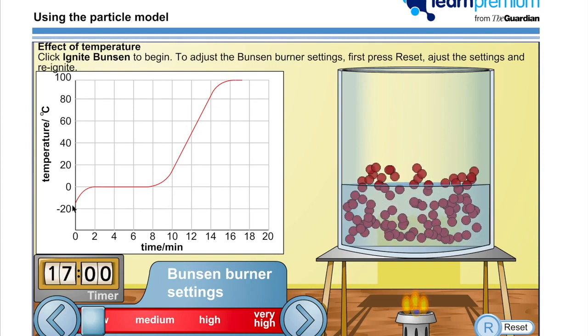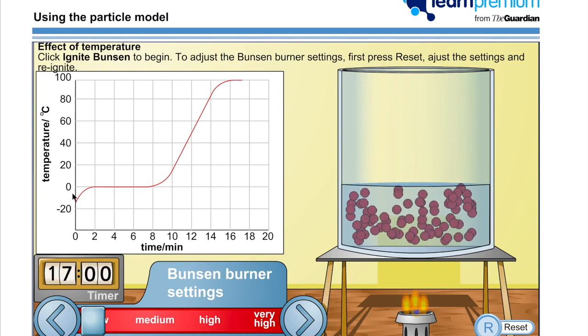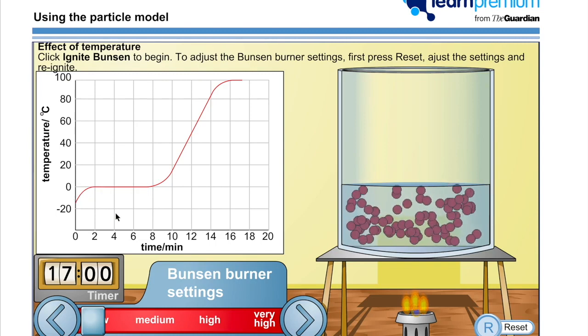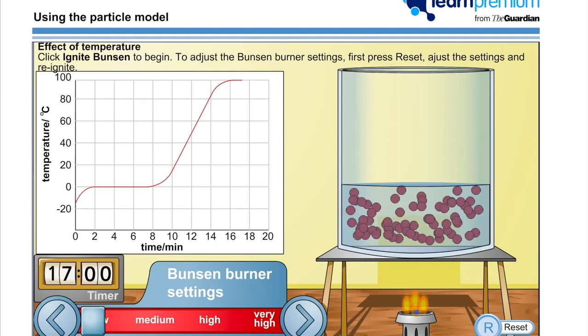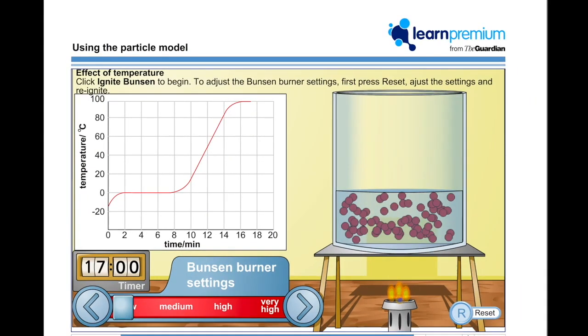You can also tell what exactly the melting point is. So for instance, here in this graph, you could see that the melting temperature is 0. That's because this is the point where the line became steady. You can also tell that the boiling temperature is 100, because that's when the line again became steady.